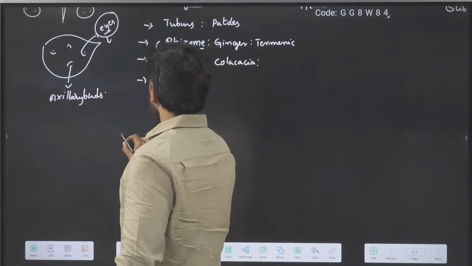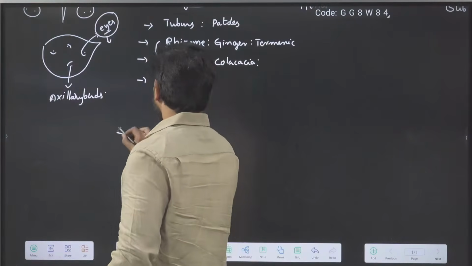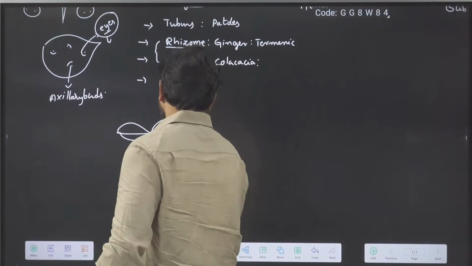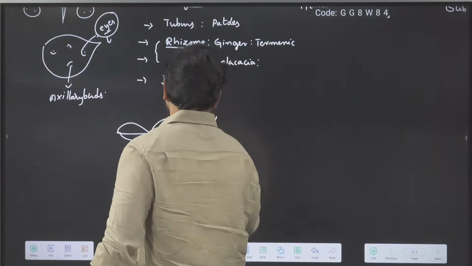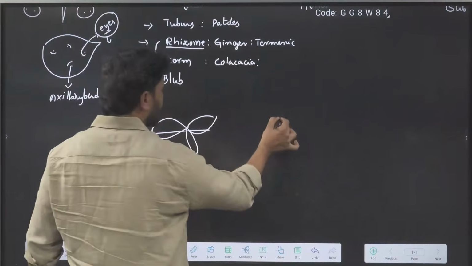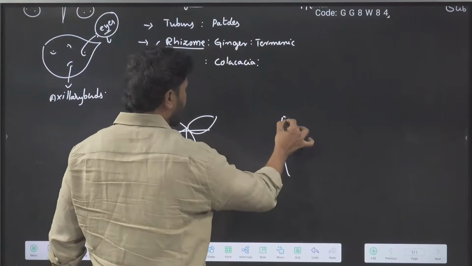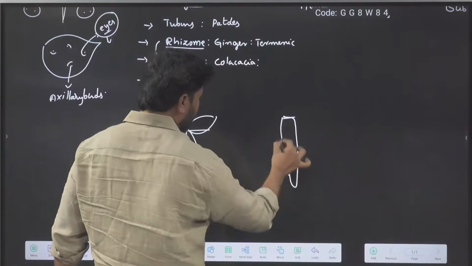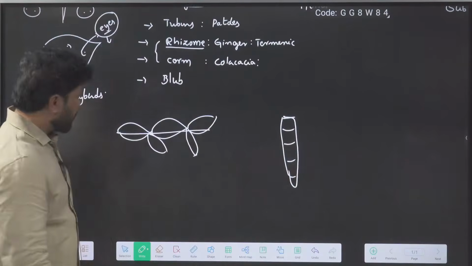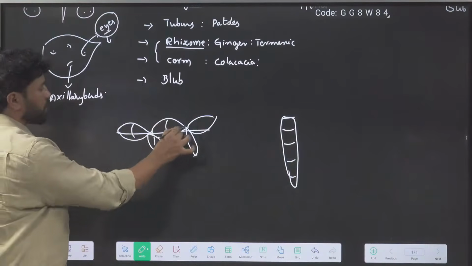A rhizome grows horizontally, having some branches, and then it grows horizontally again. A corm always grows vertically. This is vertical growth, this is horizontal growth.